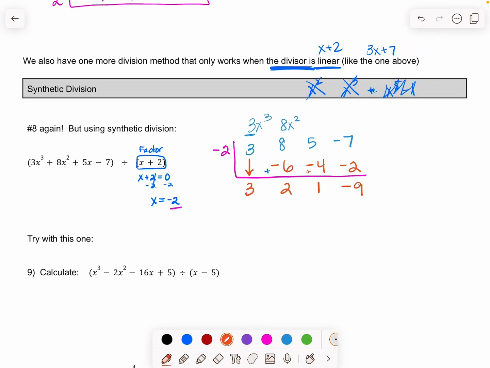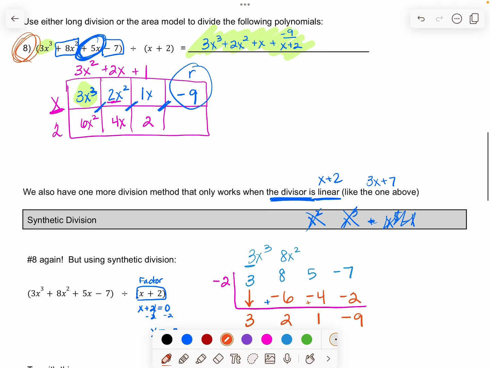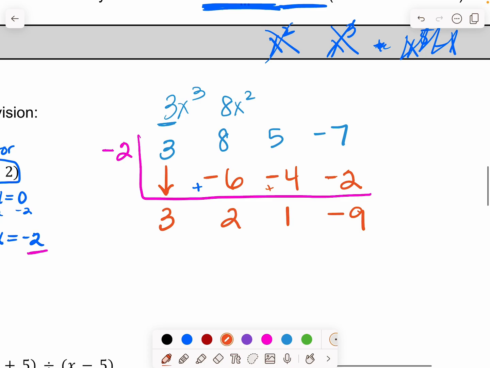Now, if you look up here, in our problem above, remember, these two are the same. I had negative 9 here at the end. I have a 3 in the beginning, I have a 2, and I have an x. Well, I almost have this here. So the number at the end is the remainder.